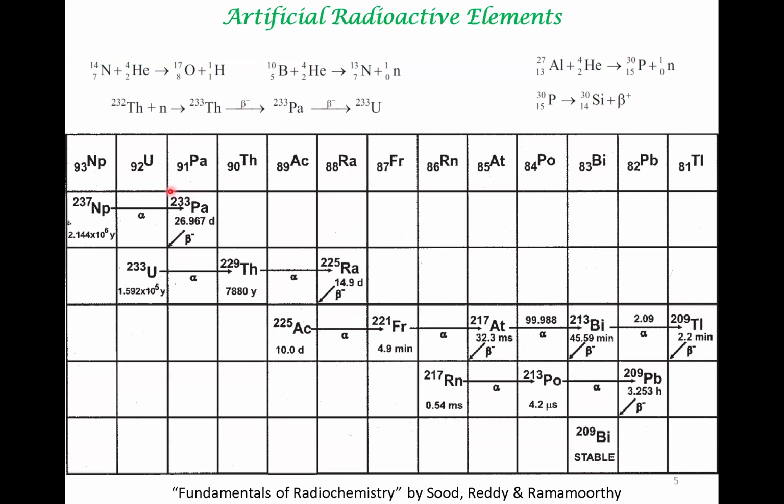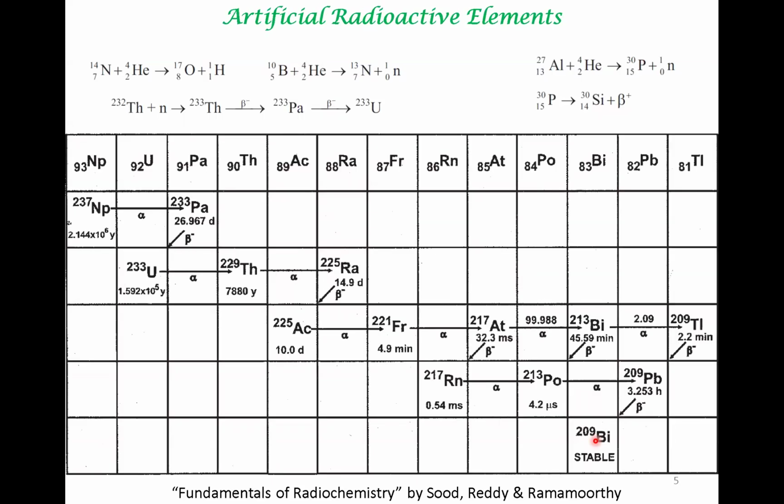For example, in this nuclear decay process, the main thing to notice is that you may have a variety of emanations, and eventually the trajectory stops when you reach a stable nucleus, bismuth.